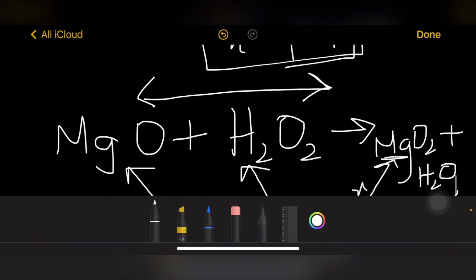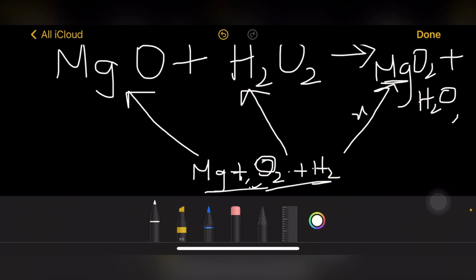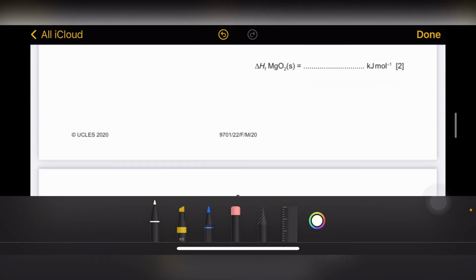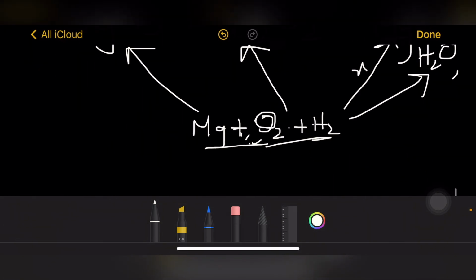So from H2 and O2, H2O is formed. Now we'll just put in the values, minus 602 and minus 188.